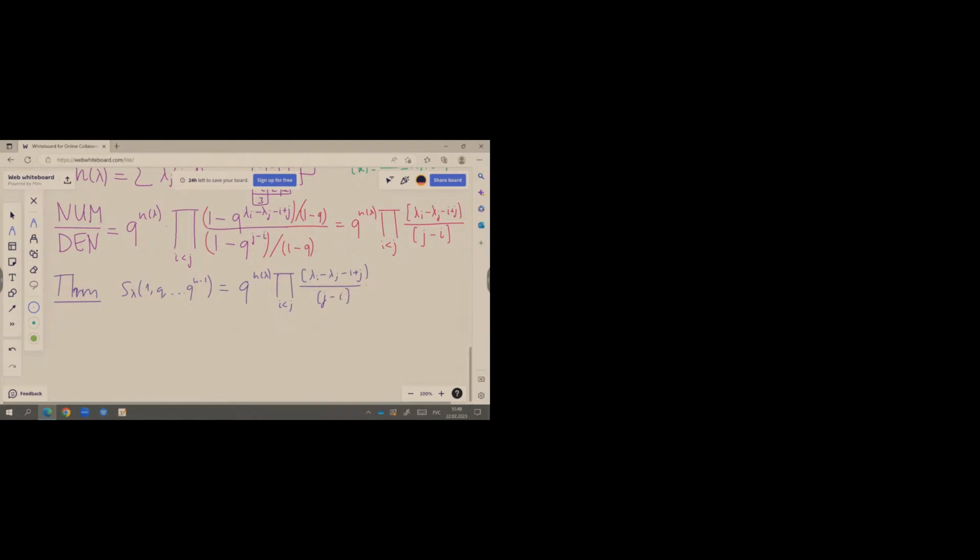I write it in this form because it's easy to specialize at q equal to 1. Lambda 1 gives me 1, and now this is just the product of lambda i minus lambda j minus i plus j over j minus i.